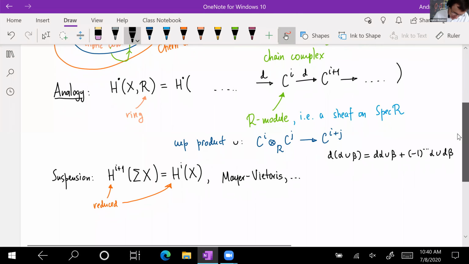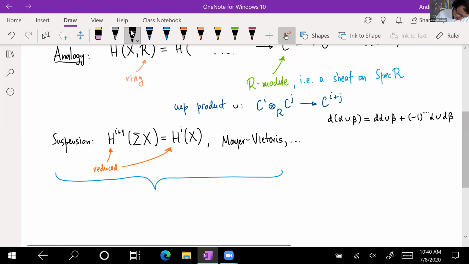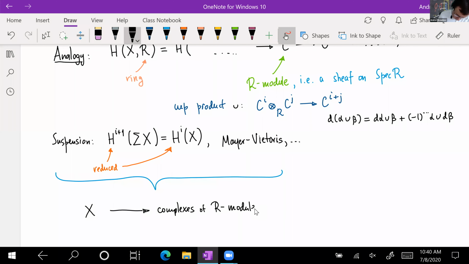They all amount to saying that the functor which goes from topological spaces to complexes of R-modules is a functor between triangulated categories.